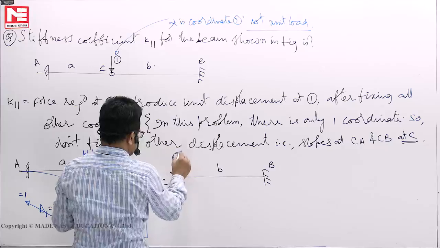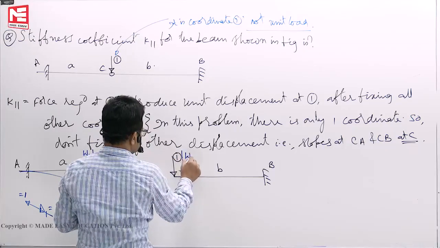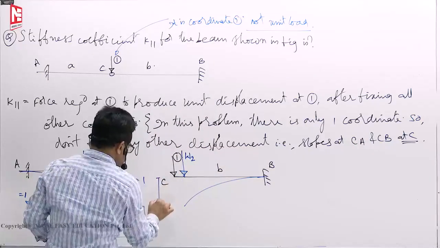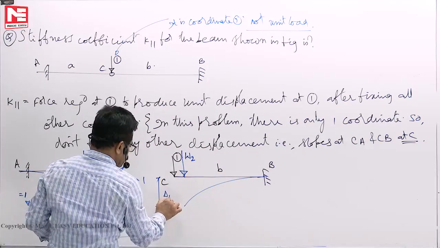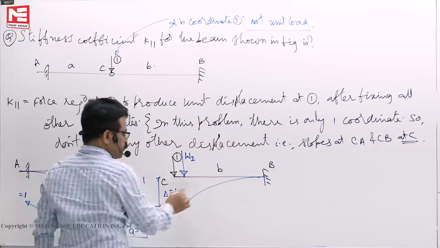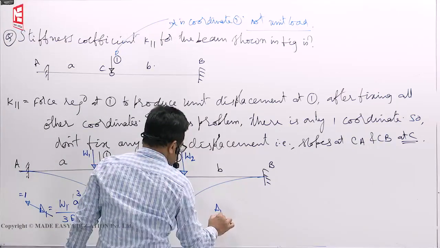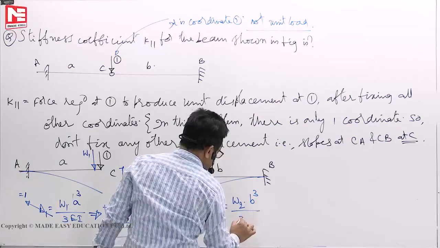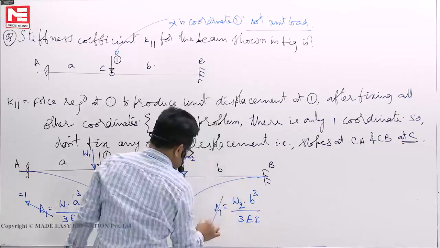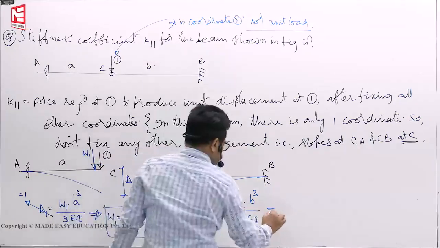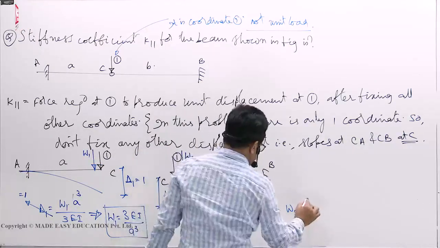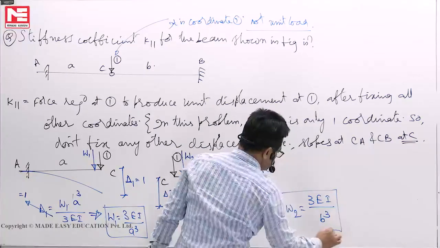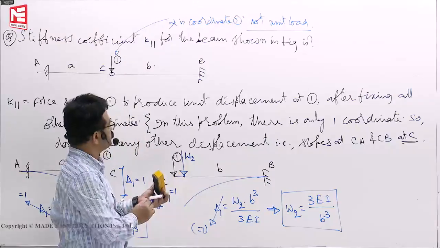You go here and apply a load of W2. Then it will deflect. But I want delta 1 again to be 1. So delta 1 is equal to, for this beam, W2 into B cube by 3EI. Now if I apply W2 equal to 3EI by B cube, then delta 1 becomes 1.